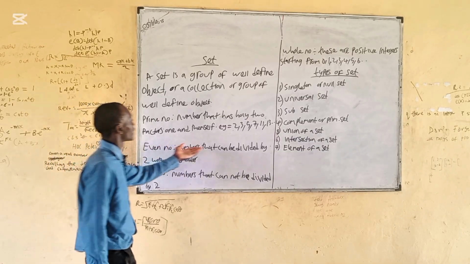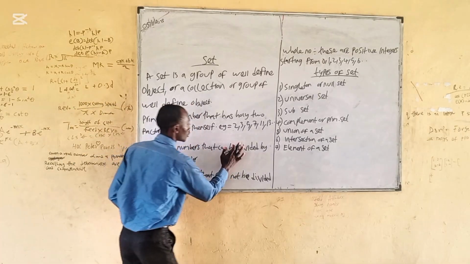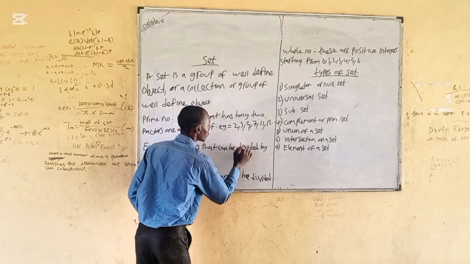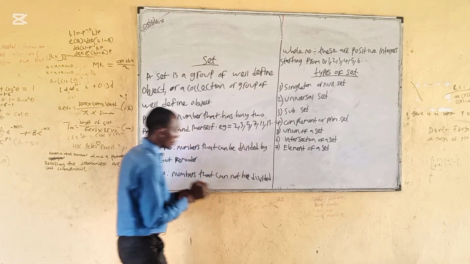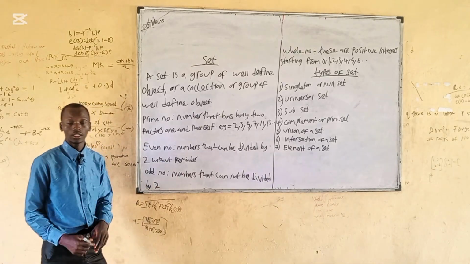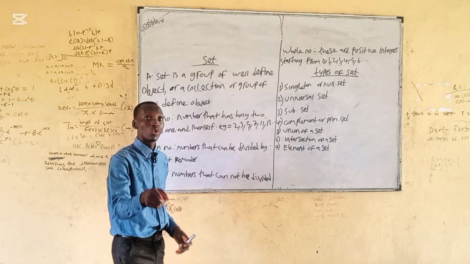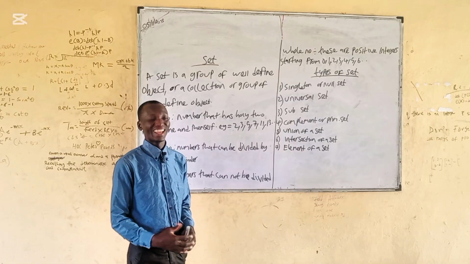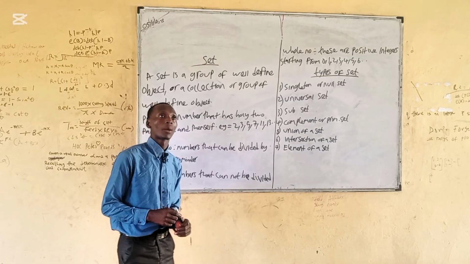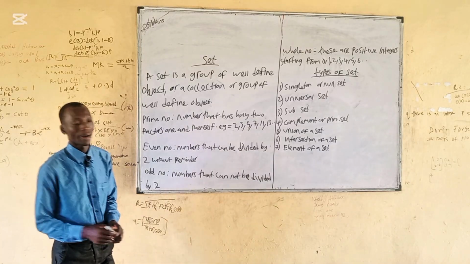An even number is a number that can be divided by 2 without remainder. These are numbers that 2 can divide and there will not be a remainder. Numbers that leave a remainder when divided are not even numbers.